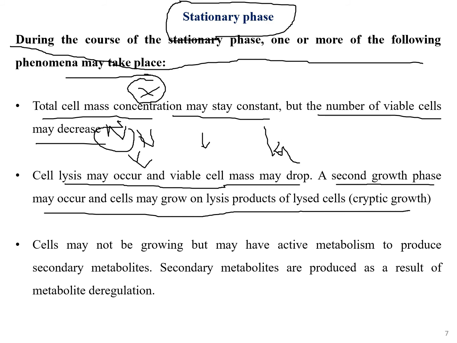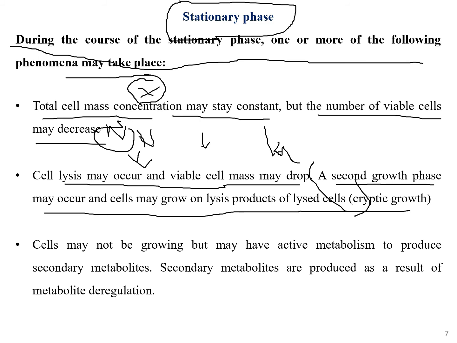After cell lysis occurs and viable cells drop, dead cells increase. At that point, a second growth phase may occur and cells may grow on the lysis products of the lysed cells. This means that after some cells die, the live cells that are already present feed on the dead cells for their survival.